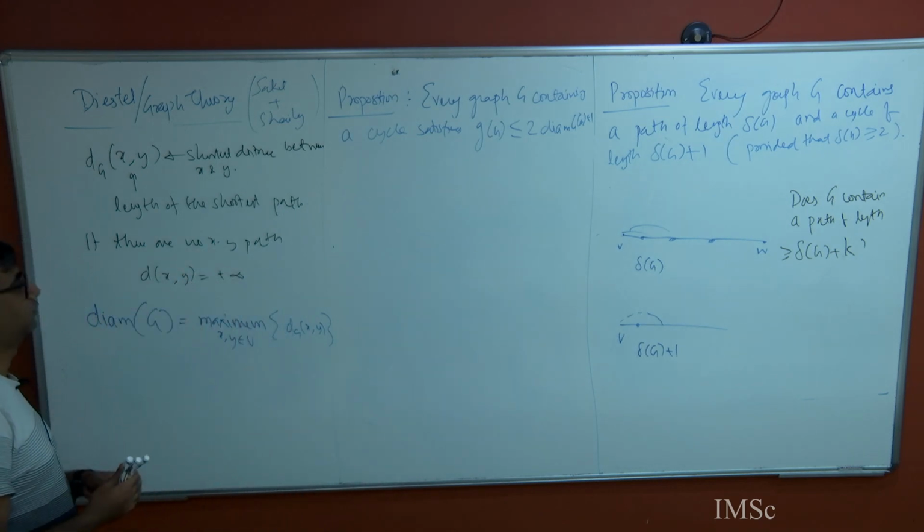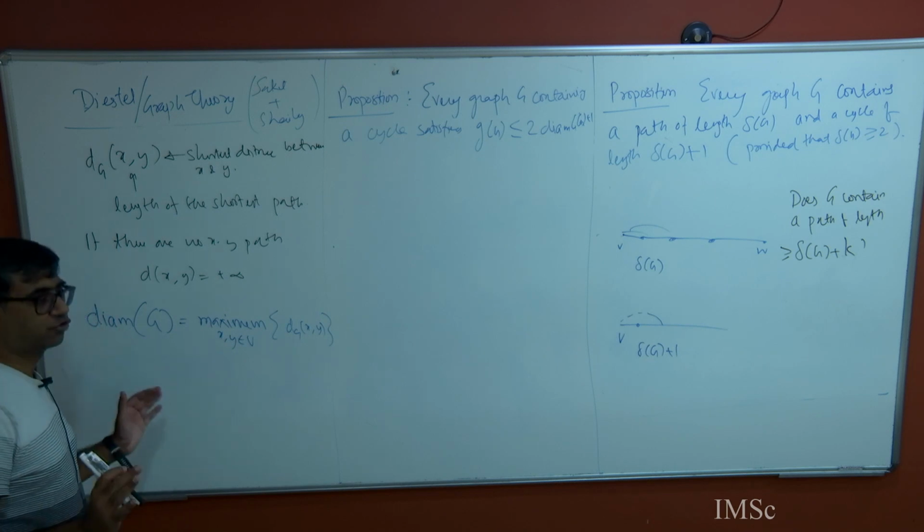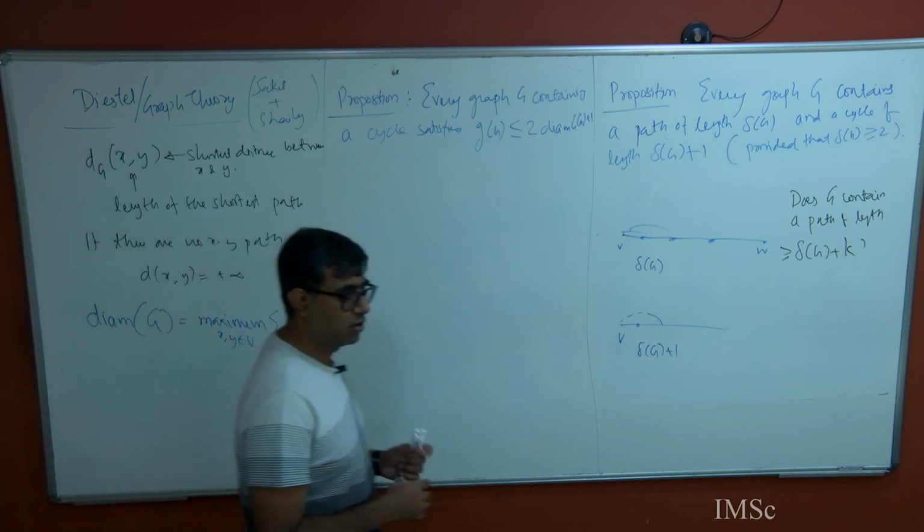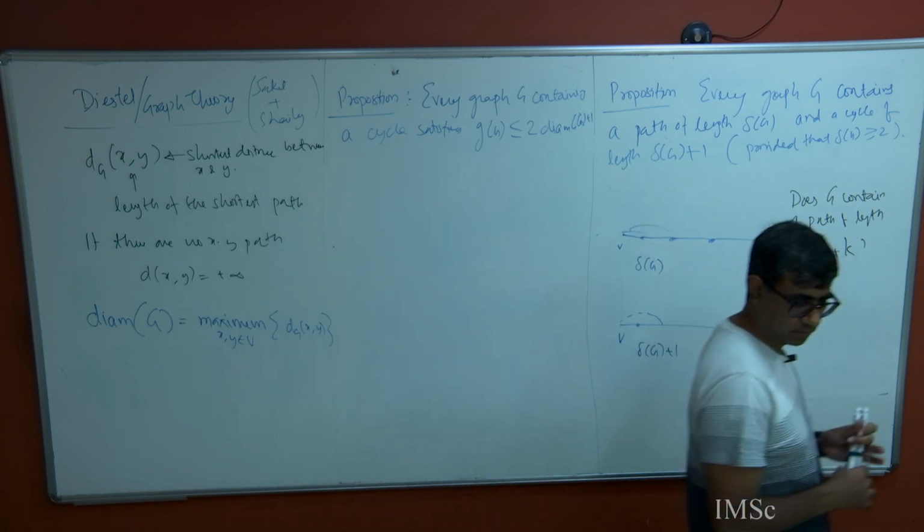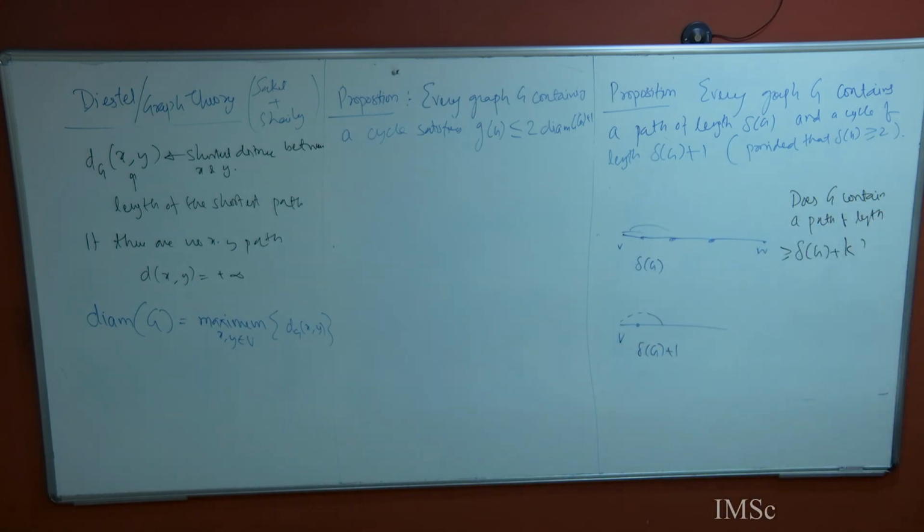So the length of the shortest cycle in a graph is upper bounded by 2 times diameter of G plus 1. It makes sense, but what's the proof?